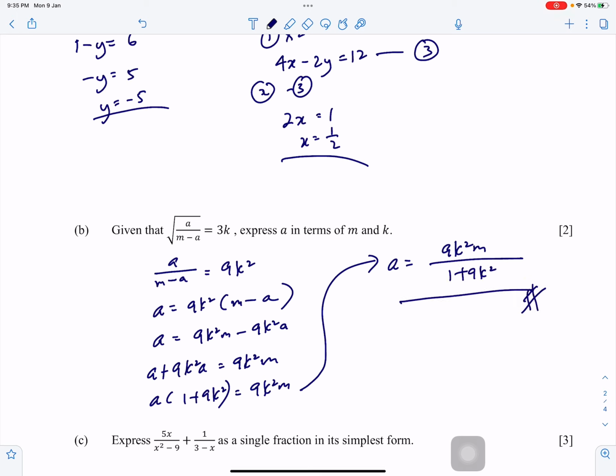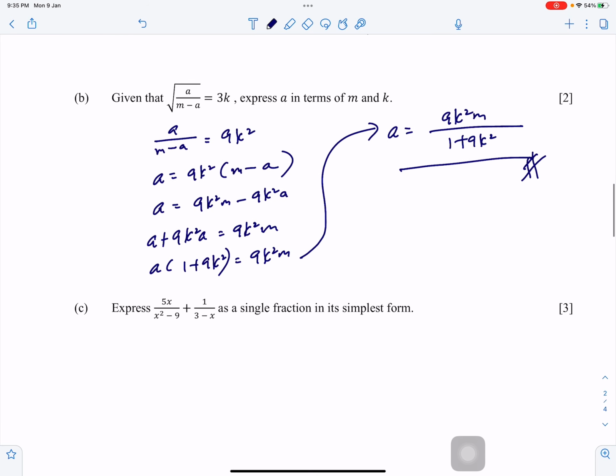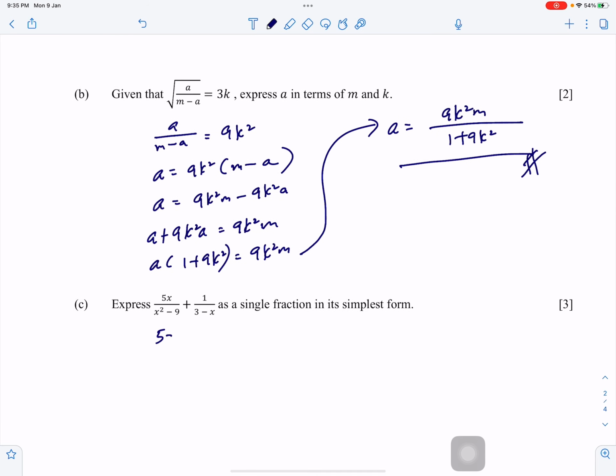So that's question part B. Let's take a look at C itself. For C, realize that there's x plus 3 on top and below.